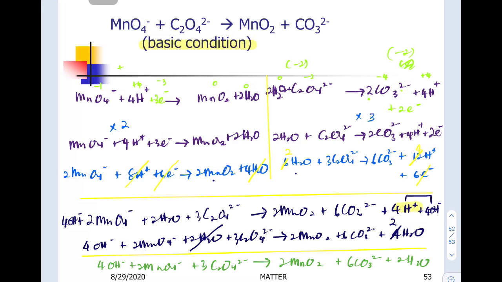So this is the final answer, all in ionic form in aqueous state. So please do more practice to get used to balancing redox equations.